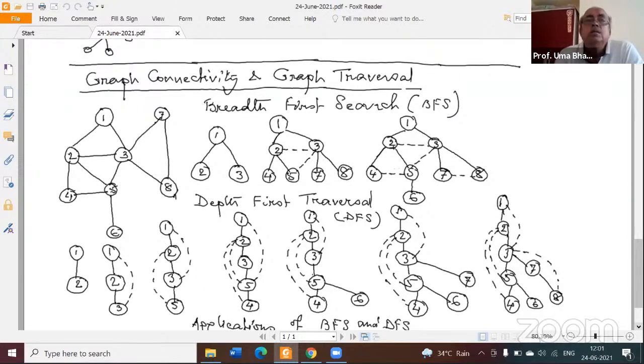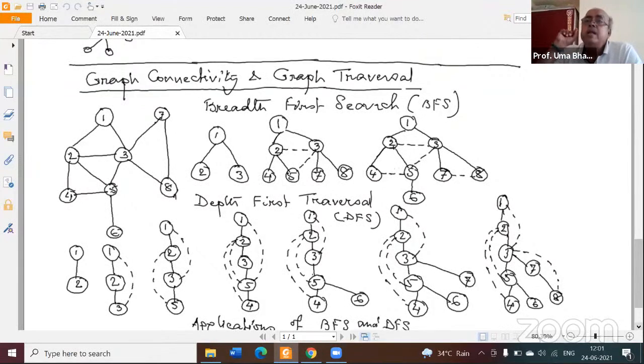Why? If I have to transmit an electronic message from, say, one node to another node, distance travelled has hardly any bearing on the total time, total cost. It's the number of nodes, because the maximum time is consumed within the intermediate nodes.